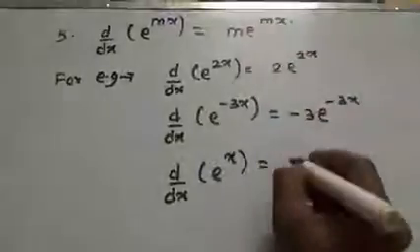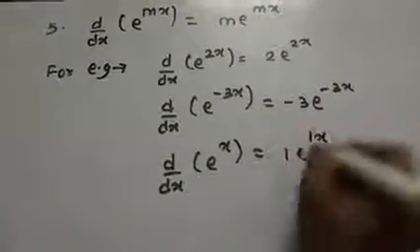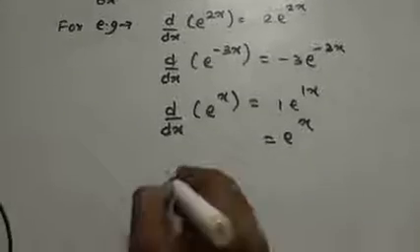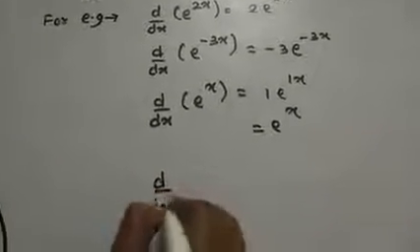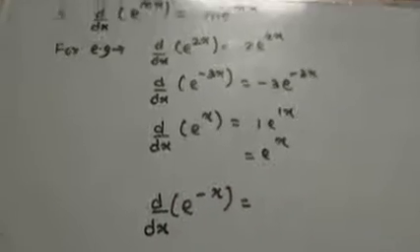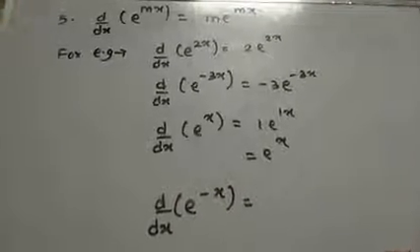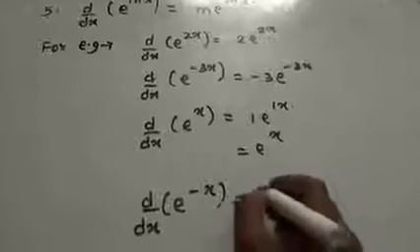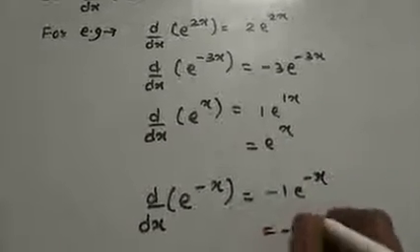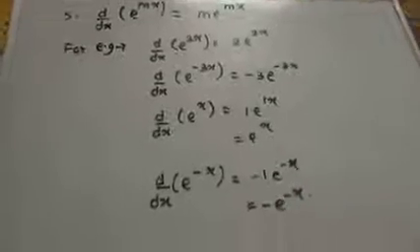So putting that here, 1 e to the power 1x, that is e to the power x. If I say d dx of e to the power minus x, what is the m here? Minus 1, just using the formula, minus e to the power minus x.